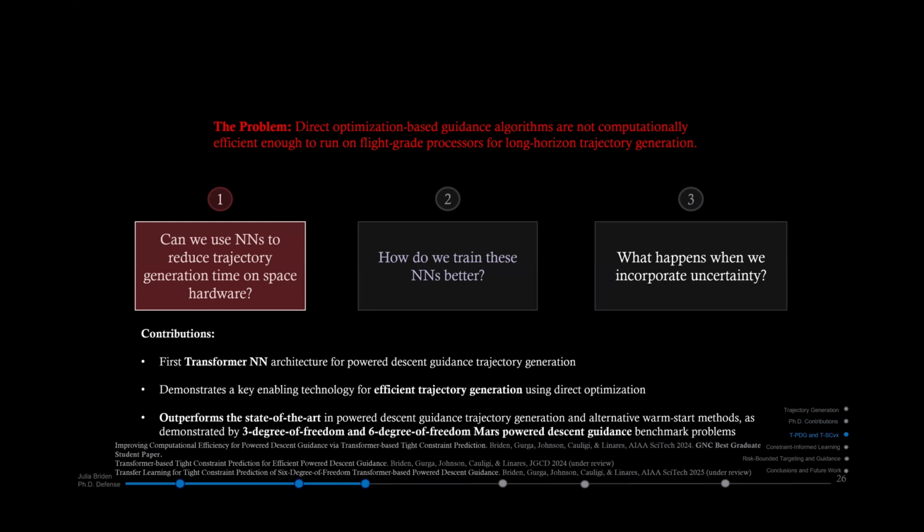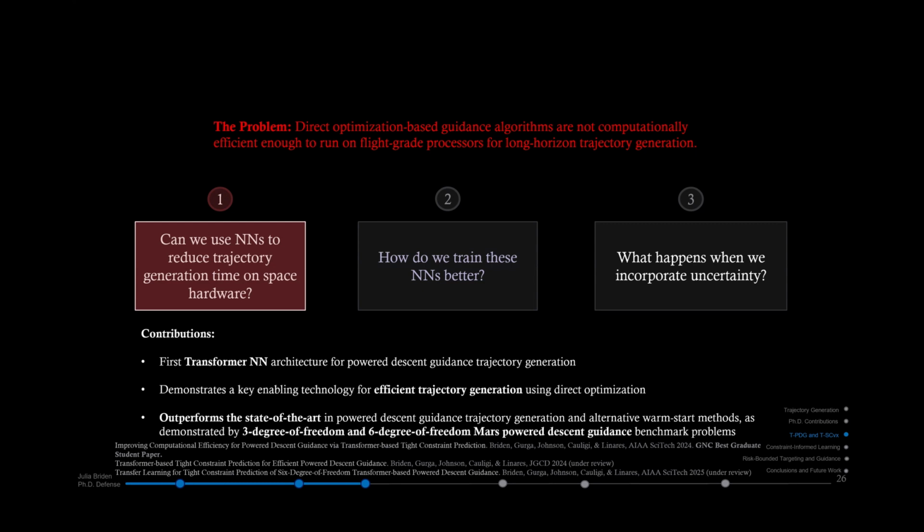So for this first method, we're going to be addressing the problem of direct optimization-based guidance not being computationally efficient enough to run on resource-constrained processors. And the set of contributions for the section include the first transformer neural network architecture for power descent guidance trajectory generation.